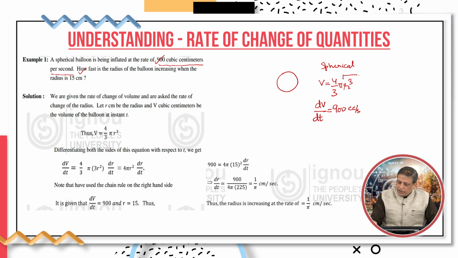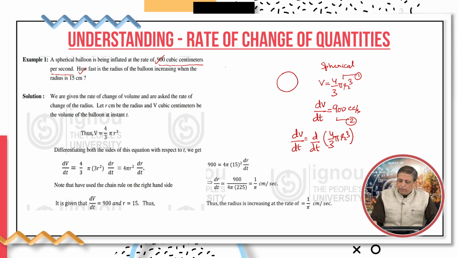So, we are supposed to differentiate equation 1 with respect to time. So, dV by dt is d by dt of 4 by 3 pi r cube.